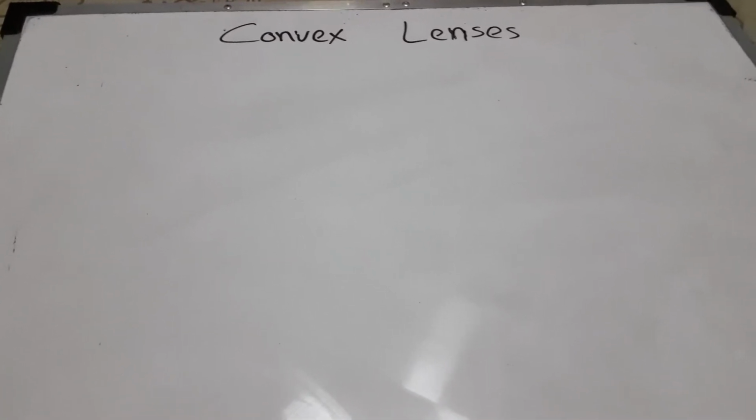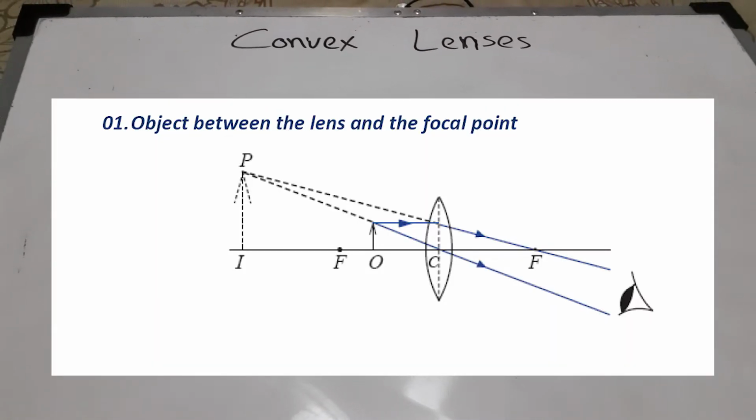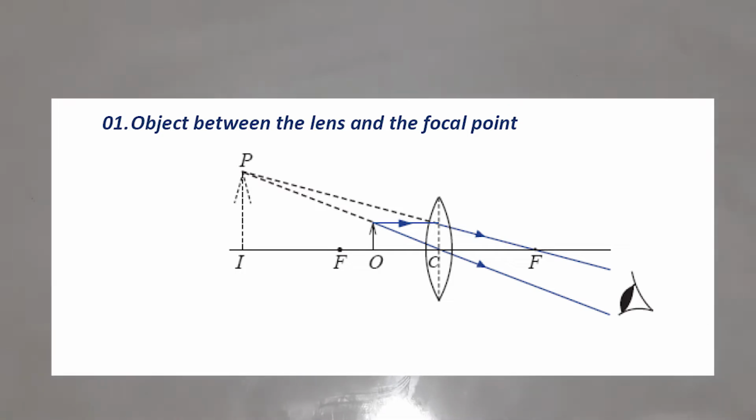I'll take number 1 as when the object is between the lens and its focal point. As you can see here, the light rays that are coming from the tip of the arrow don't meet after they get refracted. So the image formed like this cannot be taken onto a screen. That is because the light rays won't meet at a point.